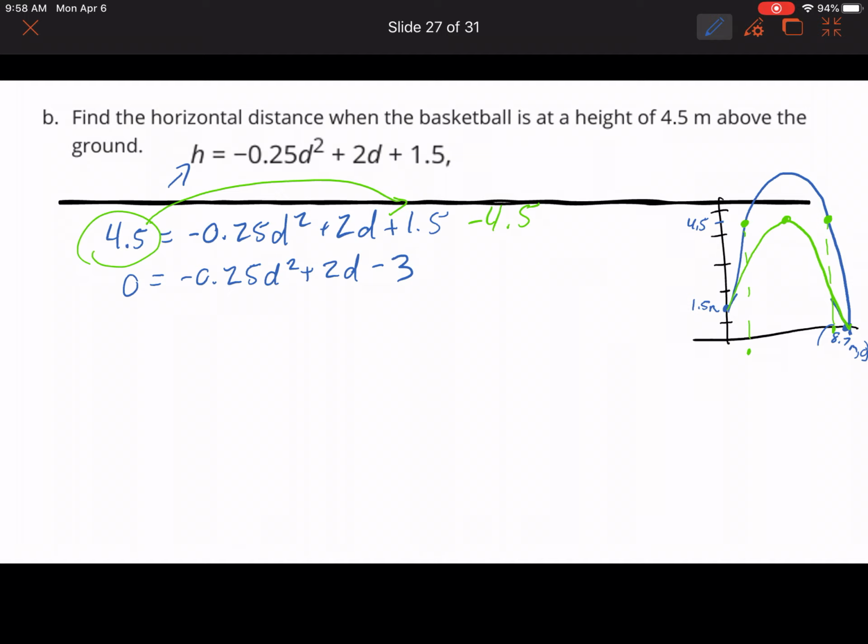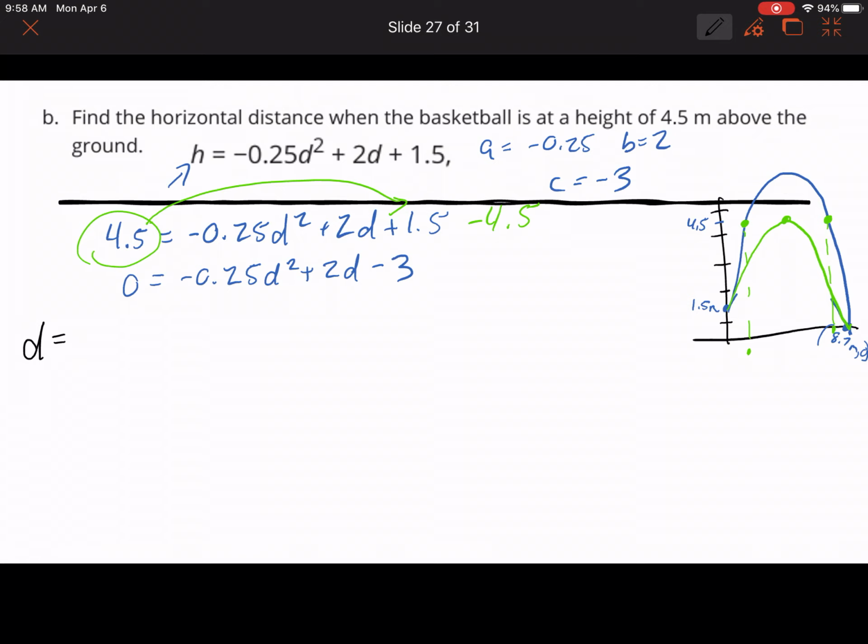So now we have an a that still equals negative 0.25. We have a b that still equals 2, but now we have a c that equals negative 3. So we're using a different collection here. Because I don't have enough space, I'm not going to write out the formula with the a's and the b's and the c's again.